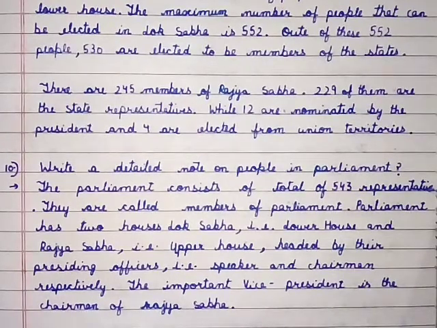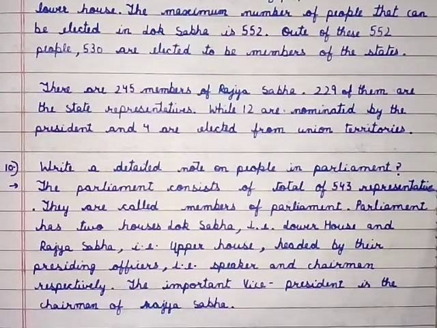There are 245 members of Rajya Sabha. 229 of them are the state representatives, while 12 are nominated by the President and 4 are elected from Union territories.